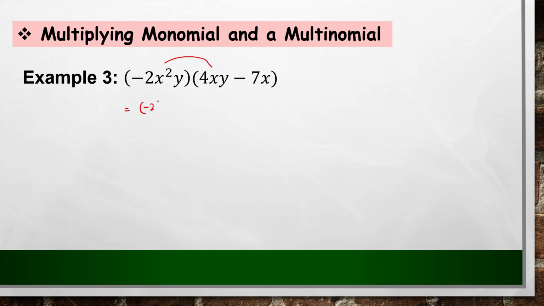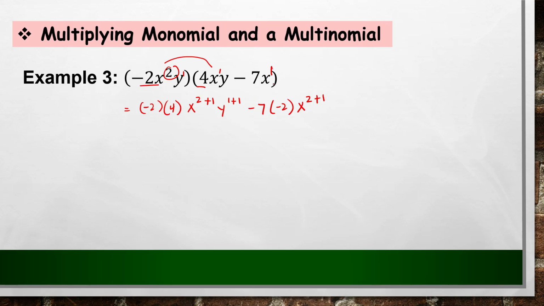So negative 2 and positive 4, then x squared plus 1, and then y plus 1 plus 1. And then that's negative 7 times negative 2 x squared again. So there's a 1 here, so plus 1.